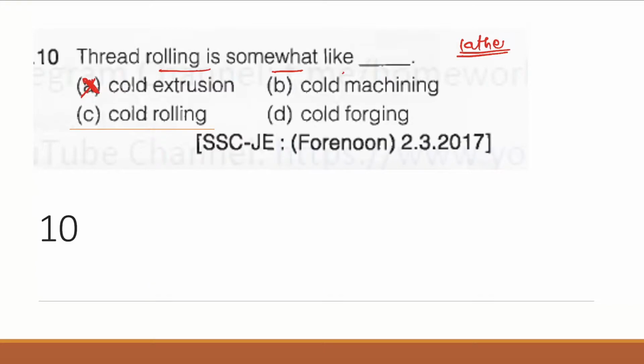No, it's not cold extrusion, because it is a rolling operation. The question already says that it is a thread rolling. So by eliminating we get this rolling, right? Cold rolling. So the correct answer is C, not cold machining, not forging. The question is clearly asking about rolling. So the correct answer is cold rolling.